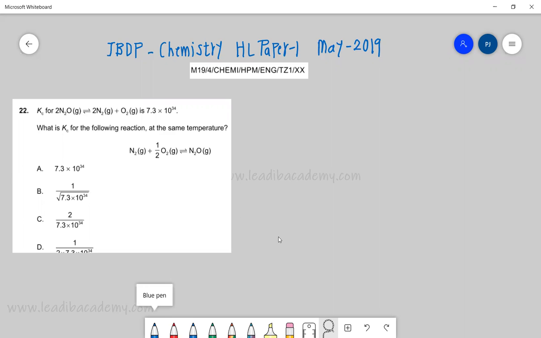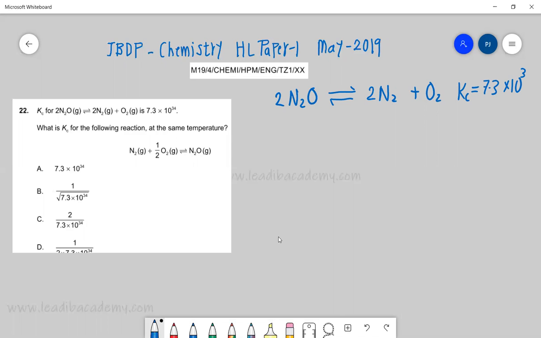Let's write it down. 2N2O, I'm not mentioning the states for simplicity, plus O2, and Kc is given as 7.3 times 10 raised to 34. Kc is very, very high, so that means the forward reaction is very much favorable anyway.